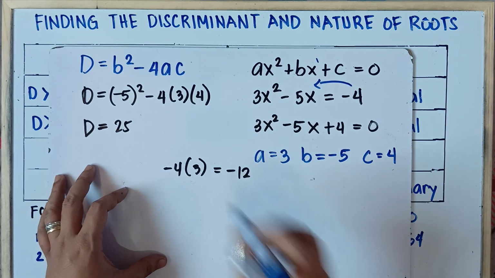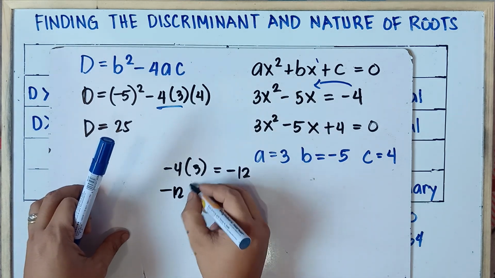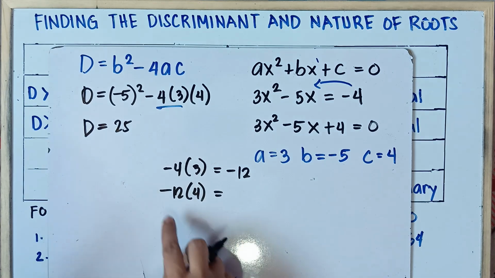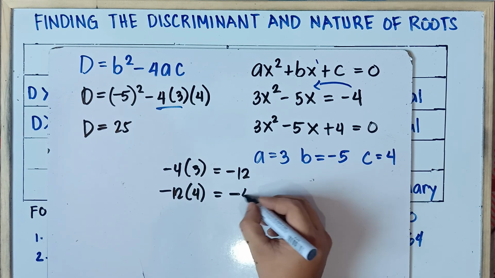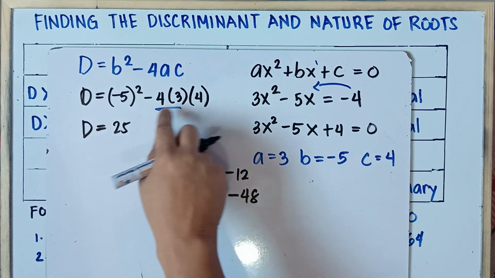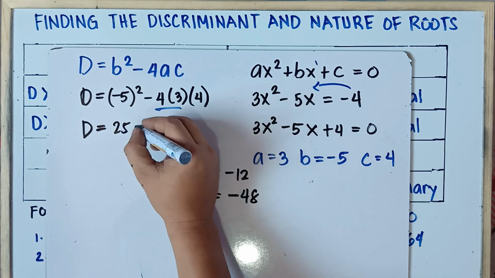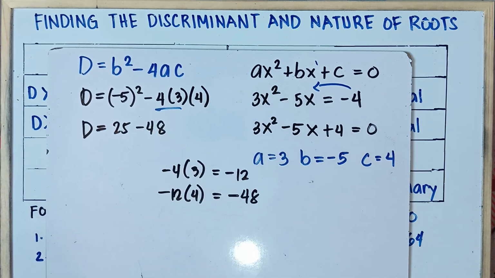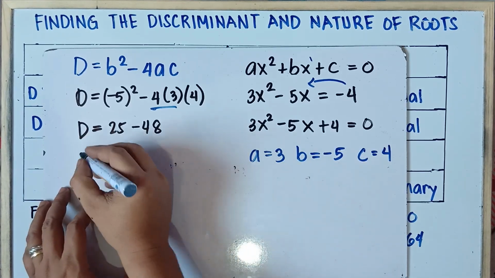So we're done with this one. Alright, and then negative 12 times positive 4. Negative 12 times 4 is 48. So this is negative 48. So, negative 4 times 3, negative 12. Negative 12 times positive 4, that would be negative 48. Alright, and then your final answer, class, will be, subtract this one.